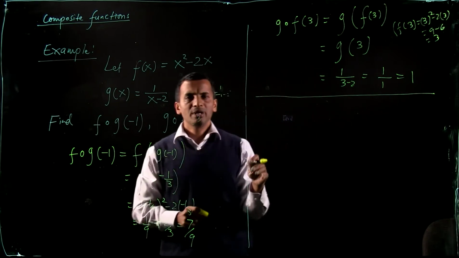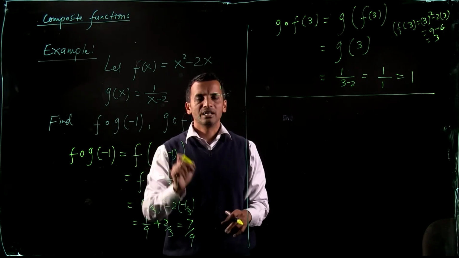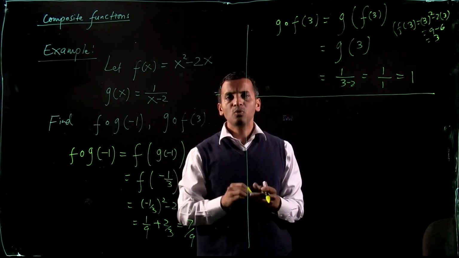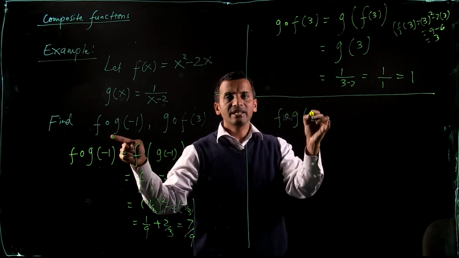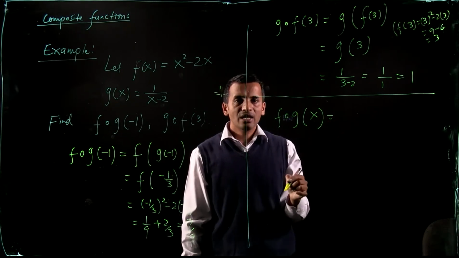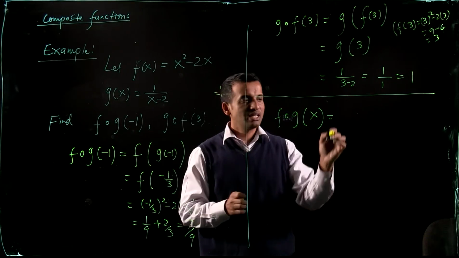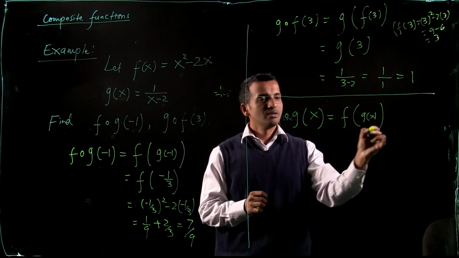So I'll show you another method, the long method, but I'll do it only for f o g at -1, okay? To find f o g or g o f at a point, you find f o g at x, as we did before, and then replace x by that -1 later. That's the idea. So this is the same as f of g of x, right?